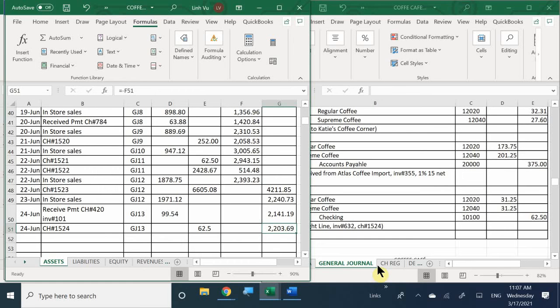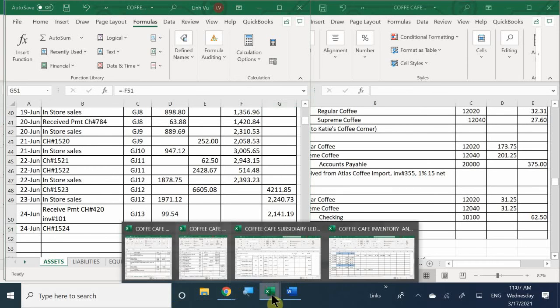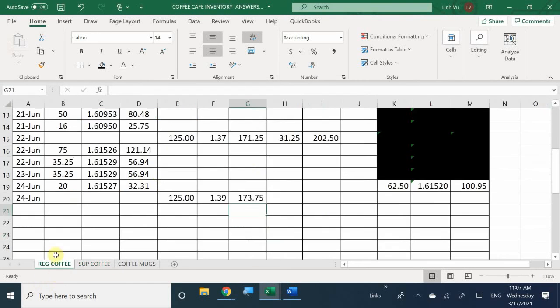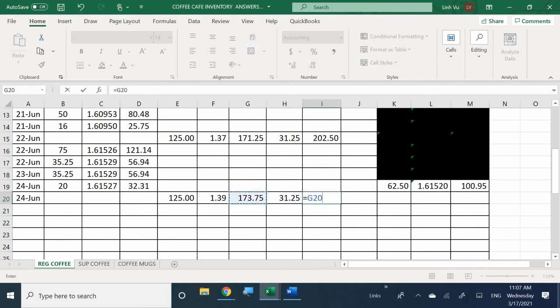Update inventory with delivery freight. Okay. So we're gonna go to regular coffee. We added $31.25. So what's my grand total here? 205. Yeah, 205.